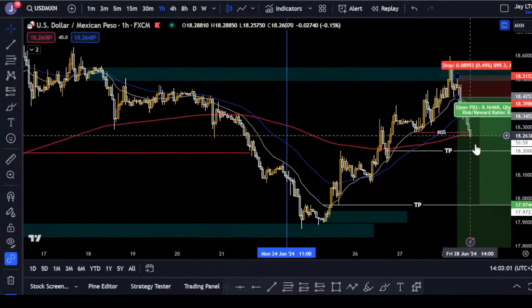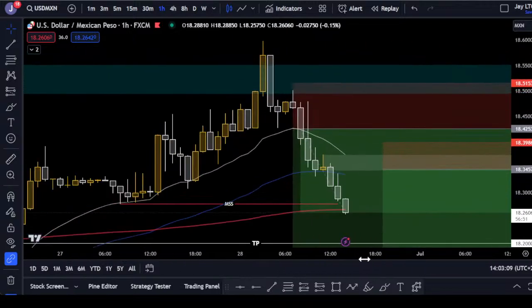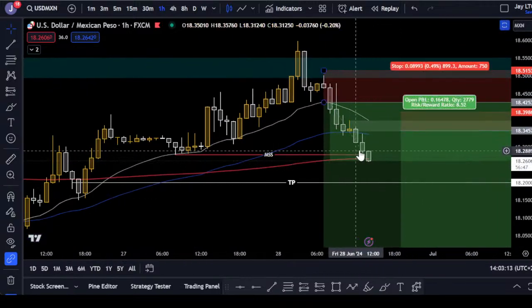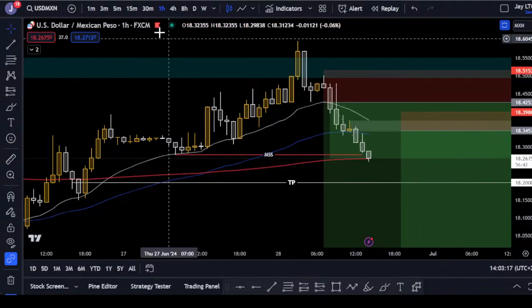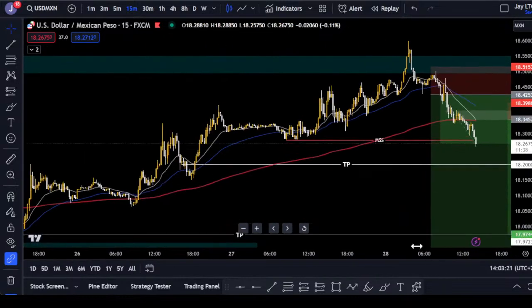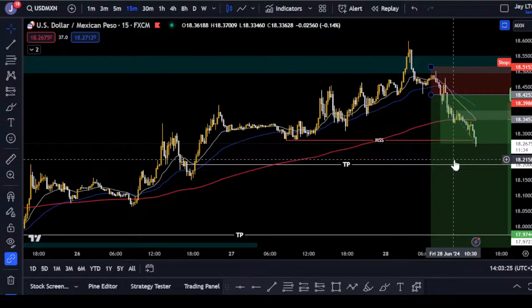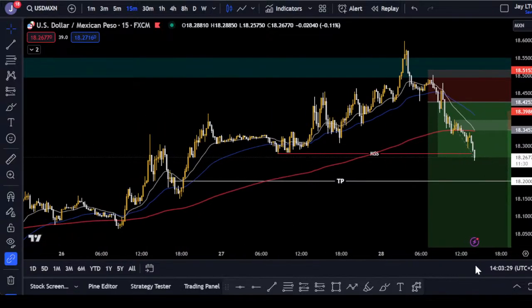Even on the hourly, if we close below here, we got about 3 minutes left to close. No, sorry, that is a new candle. My bad, I'm talking rubbish here. So the hourly actually closed just above. Now we will see if this one manages to close below here. Then we've got market structure shift confirmed on the hourly as well. The bigger the time frame, the stronger the confirmation. Remember that. But on the 50-minute, we have it. So it's beautiful. We are very, very sure on this one.